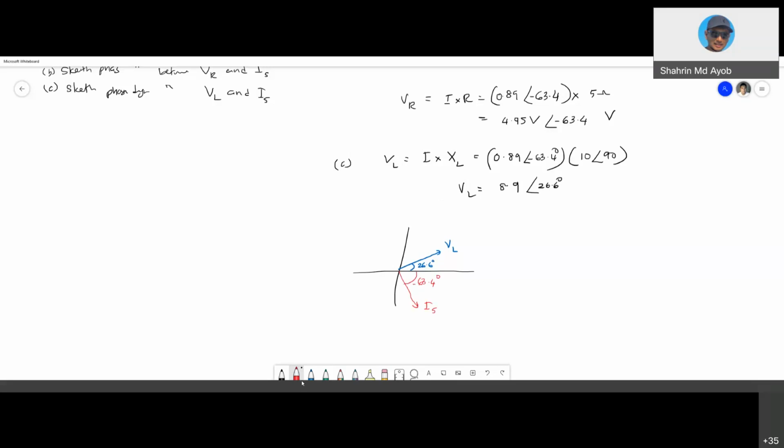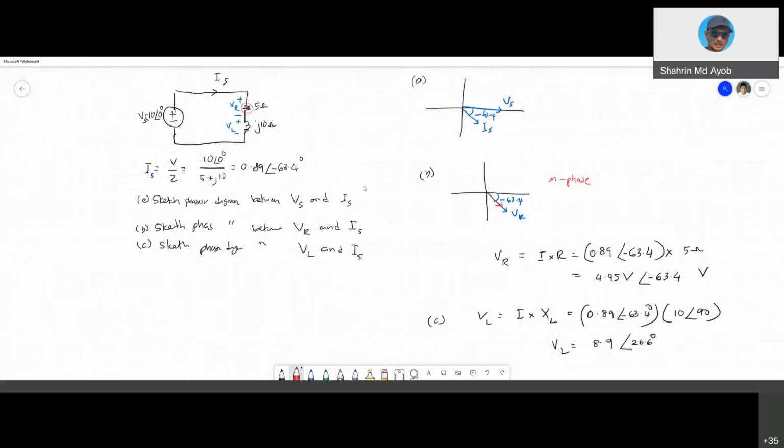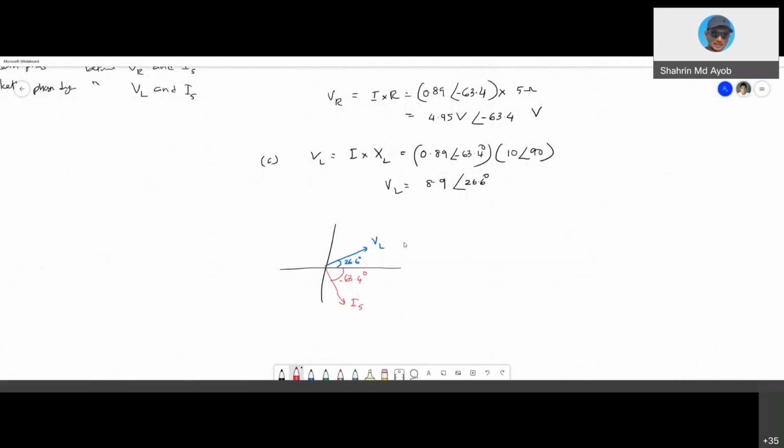What I want to highlight here is that the voltage and the current that flow inside an inductor remain the same in terms of the angle. The current will always lag the voltage, and the angle is 90 degrees.